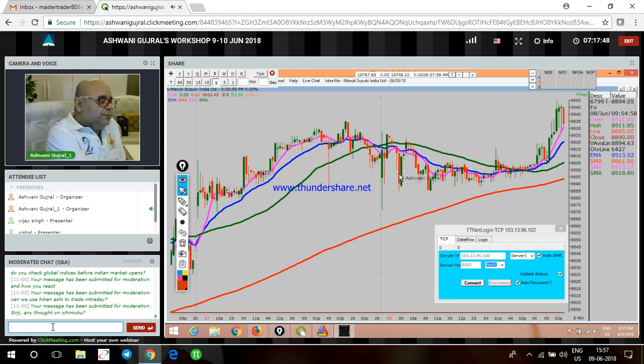Bears slammed it, unsuccessful. Slammed it, unsuccessful, again unsuccessful. All day bears were unsuccessful. And finally, see what's happening here. The 20 is getting held. So Maruti is giving an indication it wants to go up.